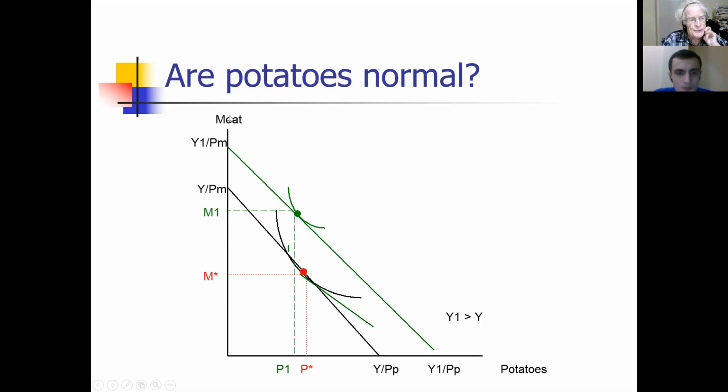So meat is a normal good. When our income rises, we buy more meat. But potatoes are an inferior good, even in a literal sense, I think. When our income rises, we buy fewer potatoes than before. From here over to here, from T star to T1.